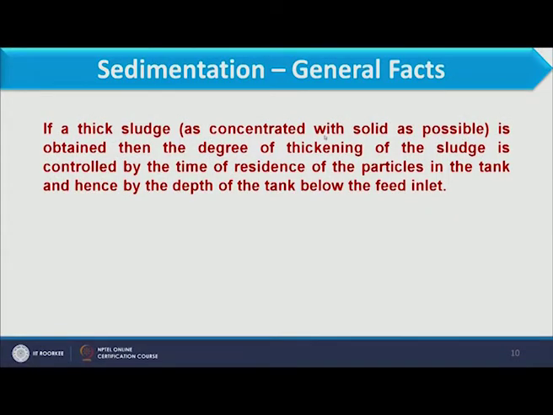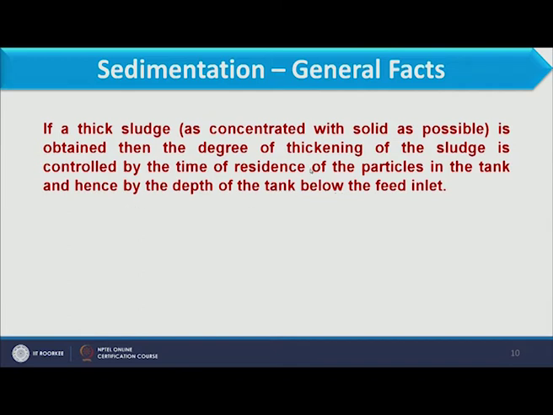So, if we want to get the clarified liquid, diameter is the main concern. That is the conclusion of this statement. Secondly, if a thick sludge, as concentrated with solid as possible, is obtained, then the degree of thickening of the sludge is controlled by the time of residence of the particles in the tank, and hence by the depth of the tank below the feed inlet.